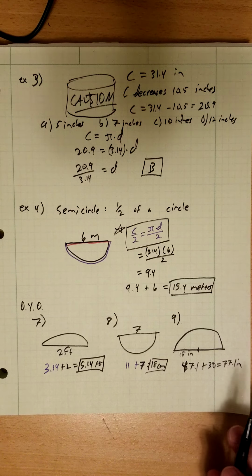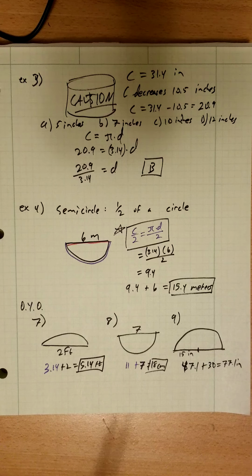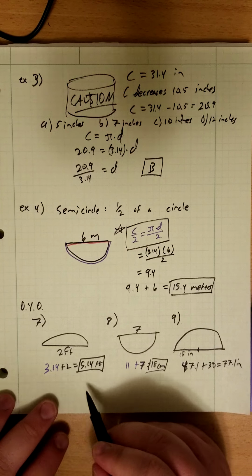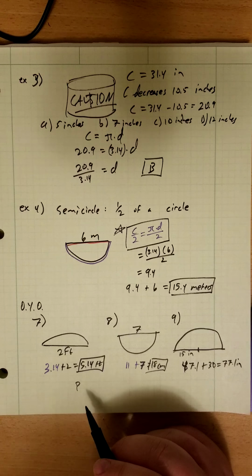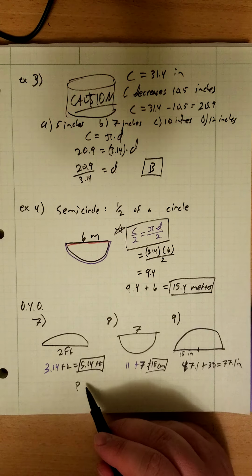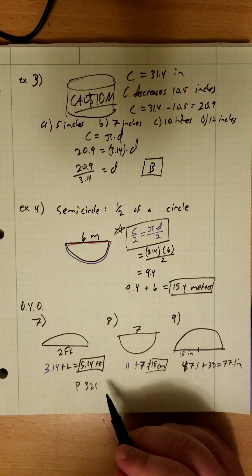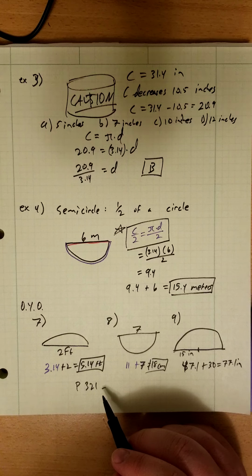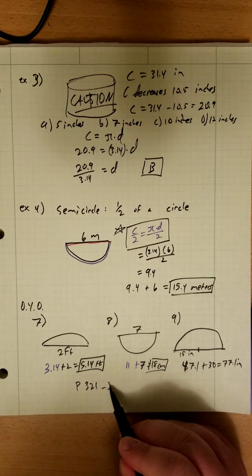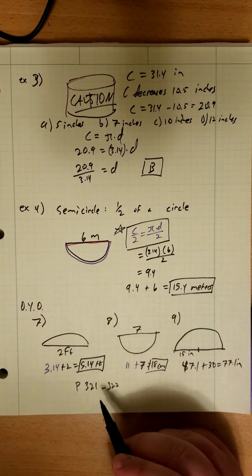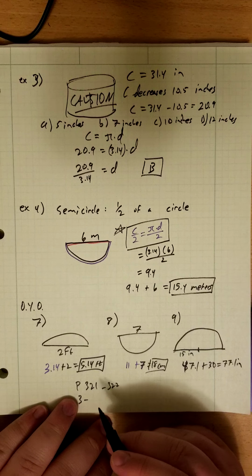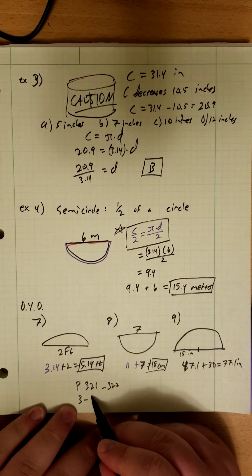Okay. Assuming you're able to do all that, the questions I want you to do are on page 321 through 322, and I want you to do numbers 3 through 12.